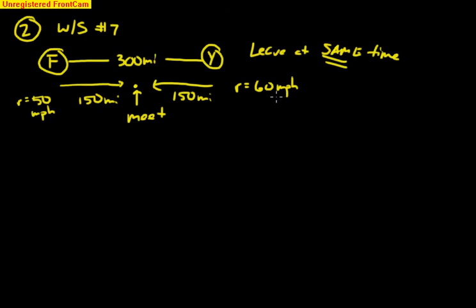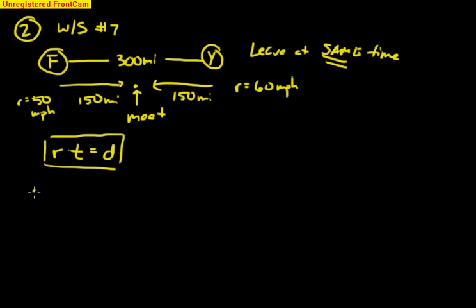Obviously you're going to get there first because you're driving faster. So how much earlier do you get to the meeting place than your friend? The important equation is rate times time equals distance. This is the equation you must use. You must do it for your friend and for you, and we will compare the times.